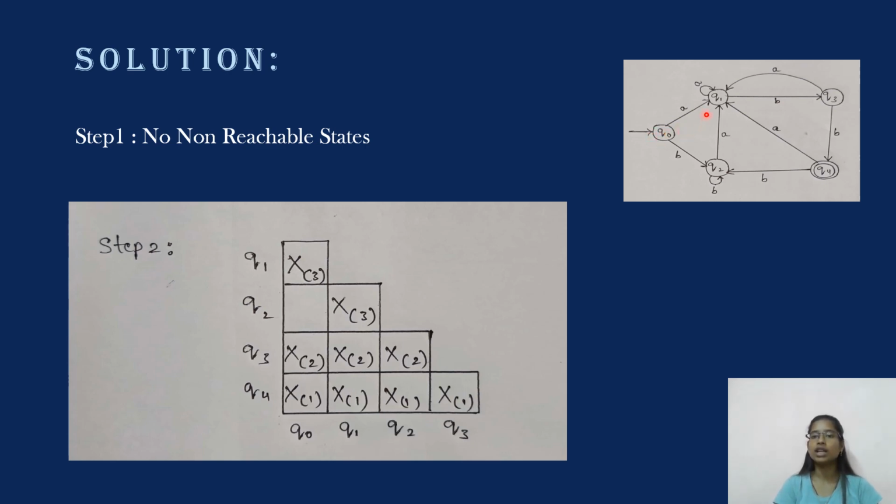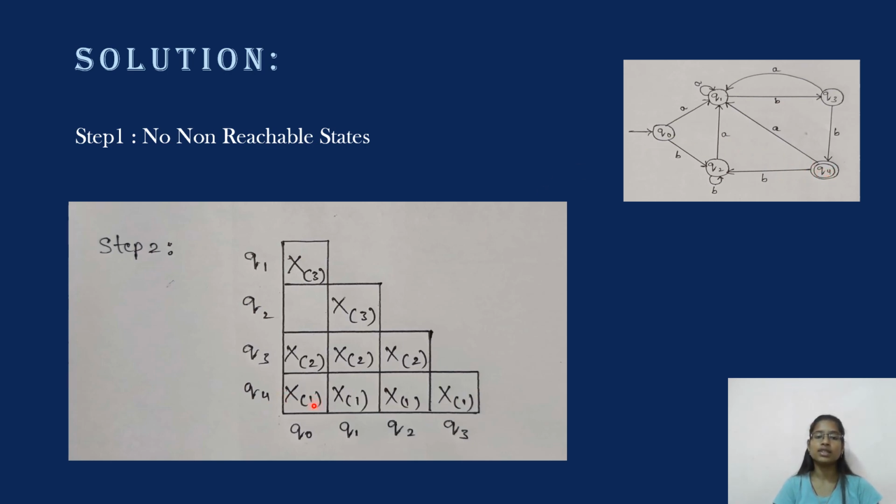Here Q0 and Q1 are both non-final states, so we should not mark. Next is Q0, Q2. These two are also non-final states, so we should not mark. Q0 and Q3 are also non-final states. The next is Q0 and Q4. Q0 is a non-final state and Q4 is a final state, so we can mark X.